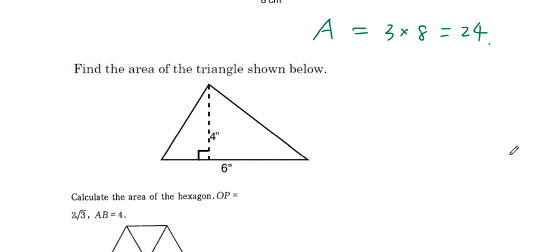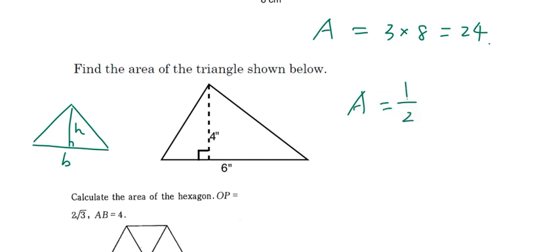If the base is B and the height is H, then the area of a triangle equals half of B times H. Why half? Because a triangle is just half of a rectangle.